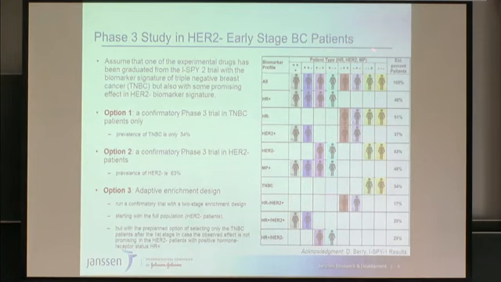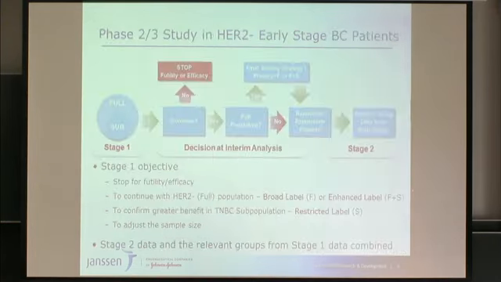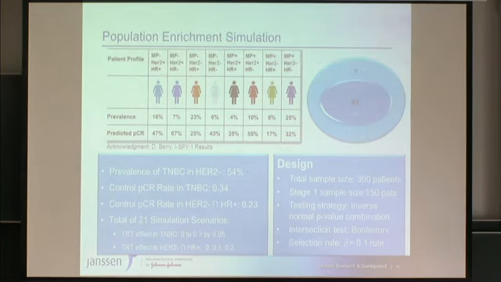And now for that sponsor, for that pharmaceutical company which has this drug, they have a dilemma. How to develop now this drug in phase 3? They can go and do phase 3 just in triple negative patients. But the market value, so we are talking money here, it's the industry, market value is not so promising. It's only 34% of the breast cancer patients.